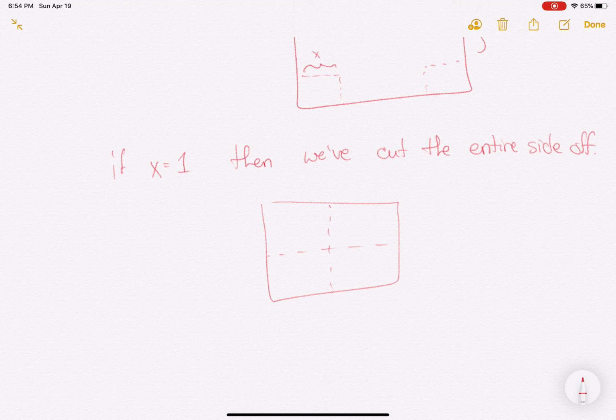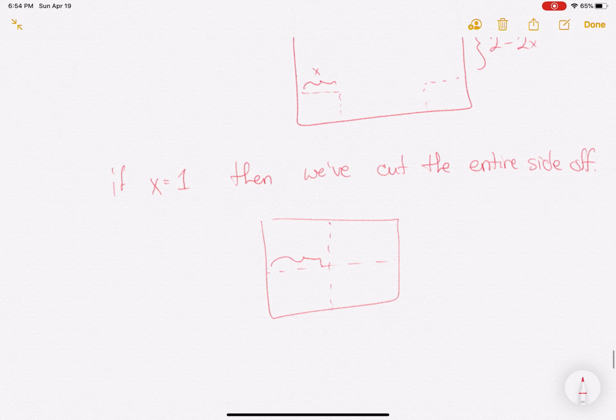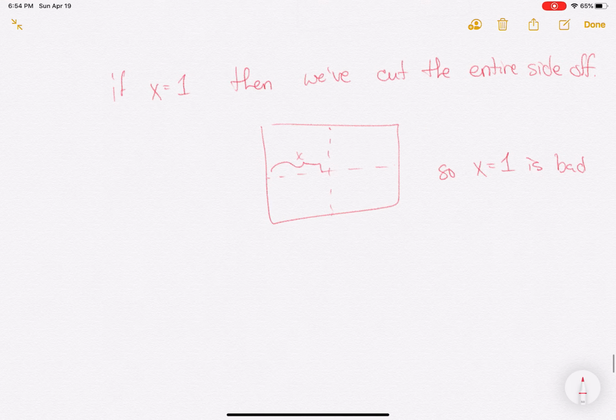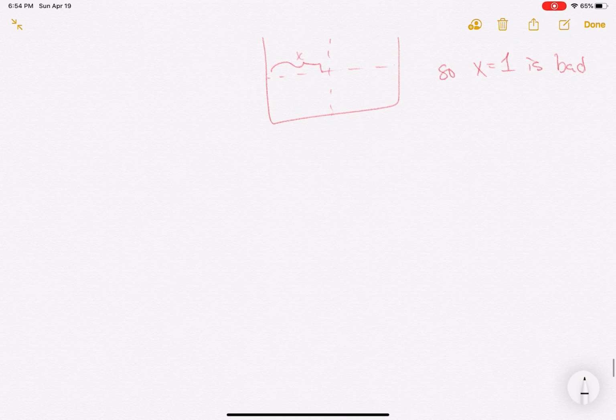This is my x here. So x equals 1 is bad. That makes x equals 1/3 good.